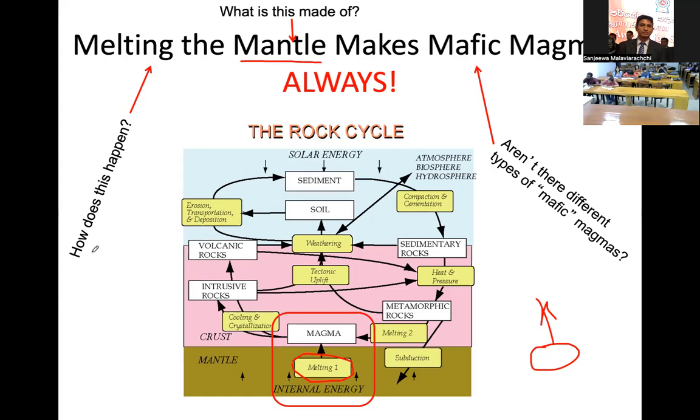And then how does this melting happen? We have to look at the mechanisms of melting. Another important thing is, once you know the mechanisms of melting, you know melts are produced in different ways at different settings within the mantle itself.